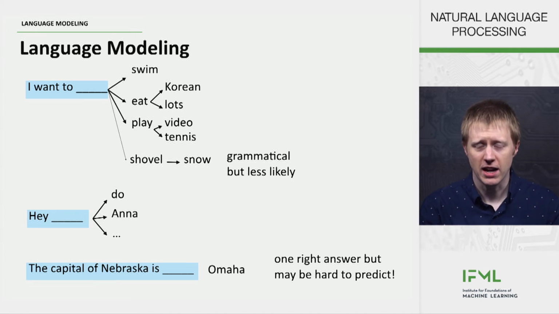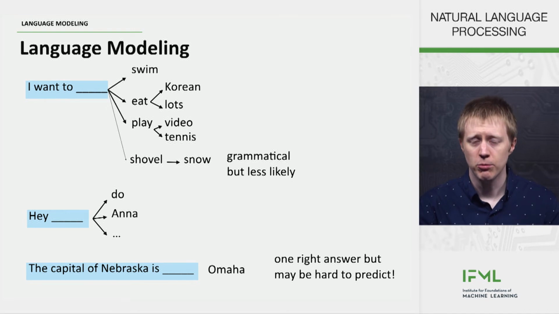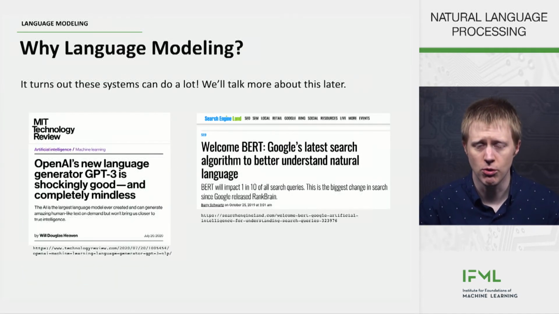But this is very challenging to do, and I think this suggests why language modeling is a problem that, again, is not easily solved by just writing down some rules, but we need this more powerful machine learning tool in order to address it. So why are we looking at this problem? Well, I think the predictive text stuff is pretty cool, but it's also the case that language modeling is a tool that powers a lot of the most exciting things that are going on in NLP these days.